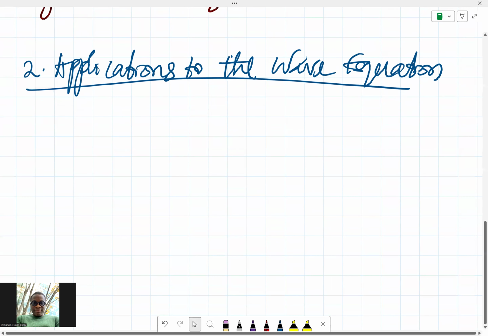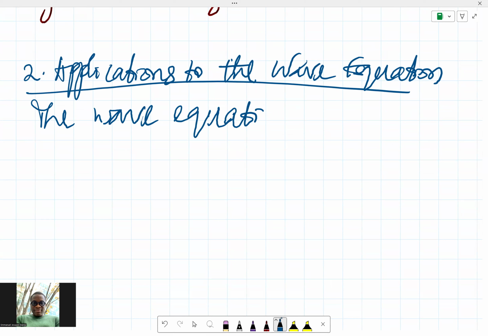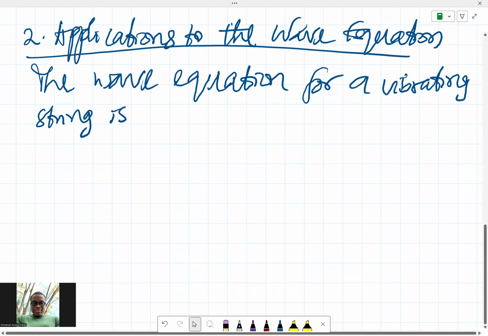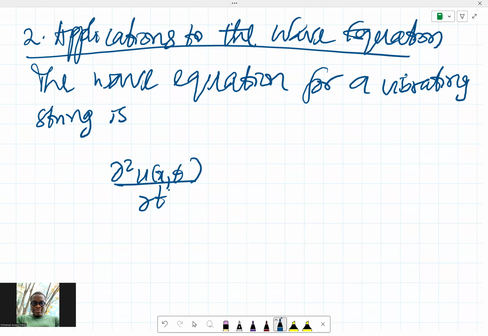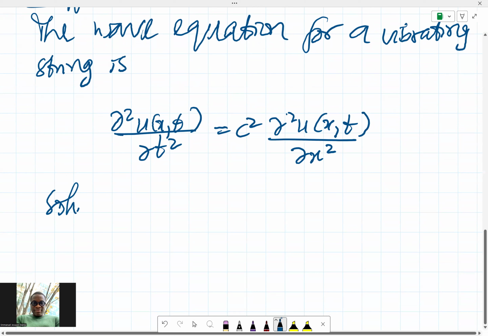The wave equation for a vibrating string, like when you're playing a guitar, the guitar string as it's vibrating, and the wave generated in it, is this expression: partial squared u of x comma t, dt squared, equals c squared partial squared u of x comma t, dx squared. You have both x and t as variables. Here we can also solve using Fourier series.